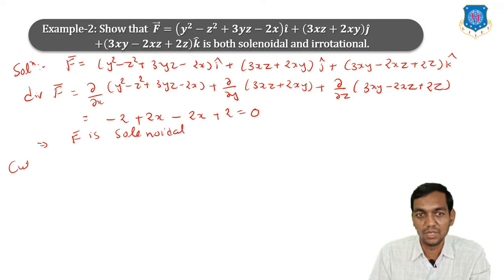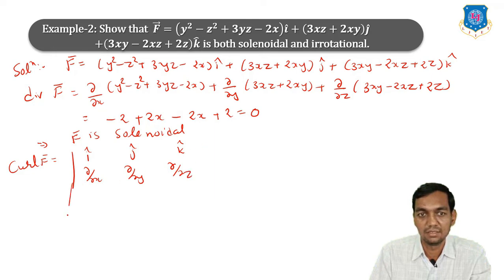Now curl of f bar, that is i, j, k, del by del x, del by del y, del by del z. Here we have y square minus z square plus 3yz minus 2x.